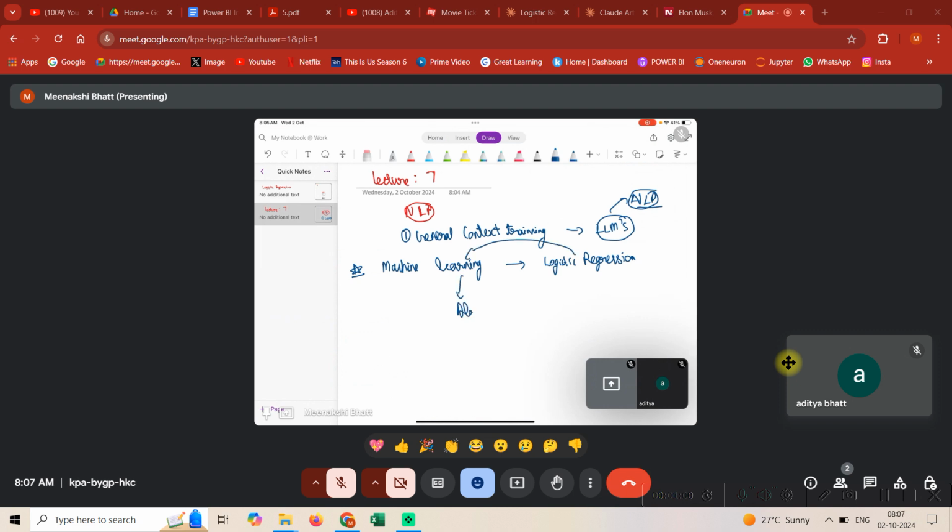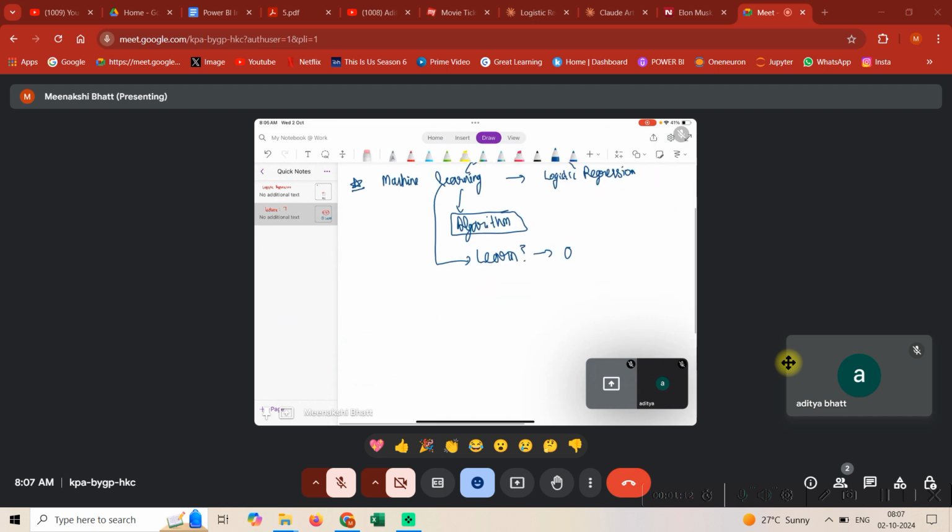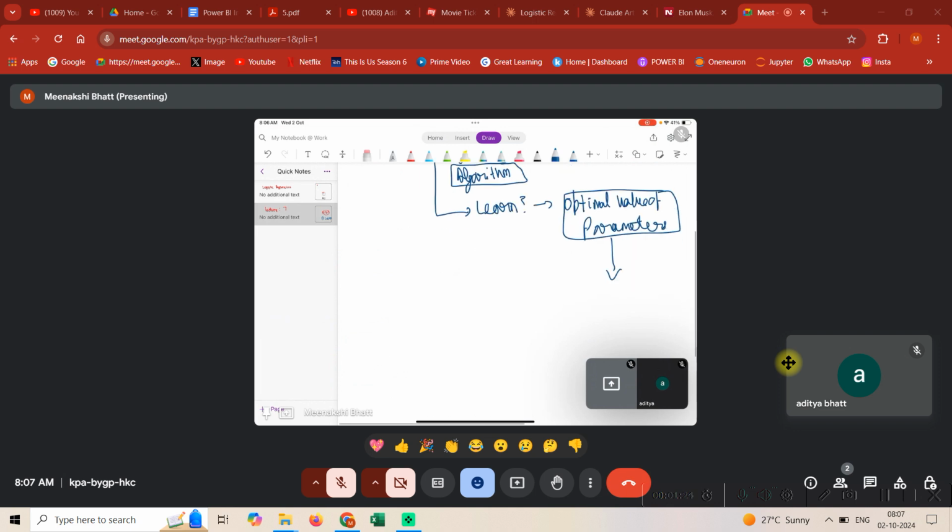The main context of all machine learning algorithms is that it needs to learn the optimal value of parameters. How does it find out the optimal value of parameters? For the time being, let's just stick to gradient descent.